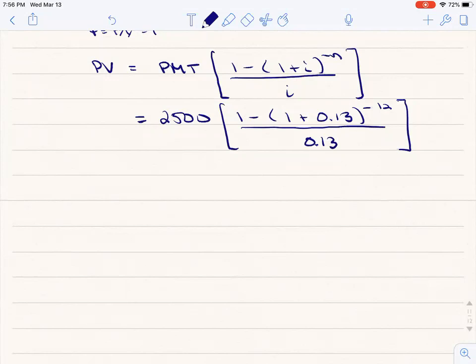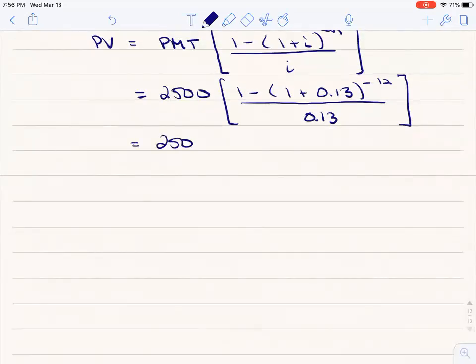It's easier if we just plow through this big bracket, remembering to move from inside the little brackets out: do the power, then do 1 minus that value, then divide by 0.13. So 1.13 to the power of negative 12 in brackets, equals, then 1 minus that, and then divide that by 0.13.